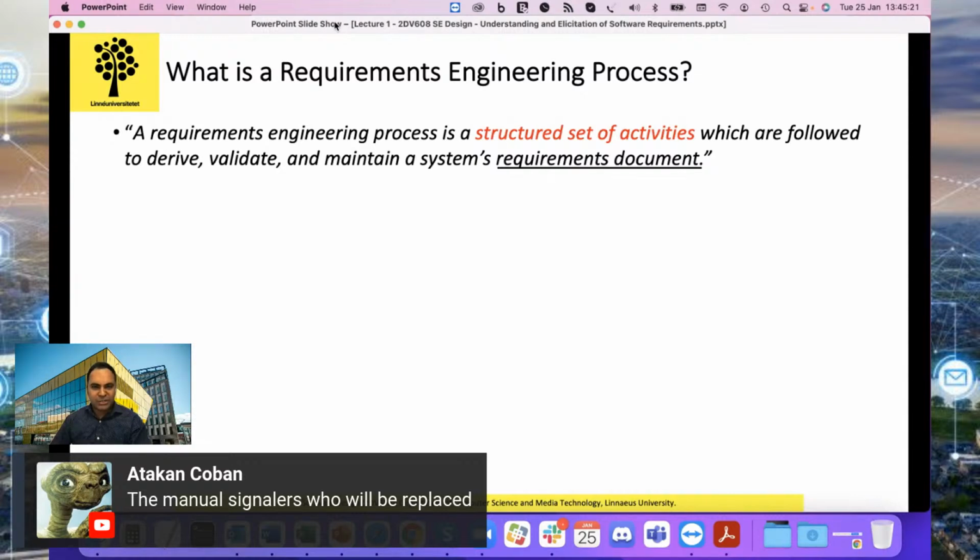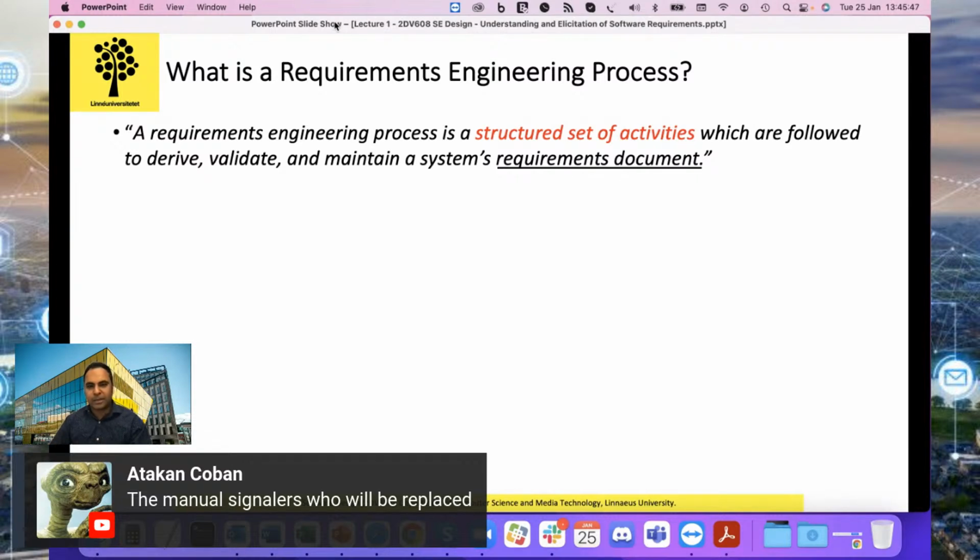But the requirements engineering process also includes those activities, but in a more structured, ordered way. When you are defining or following a requirements engineering process, you cannot pick and choose any activities from your list of activities.